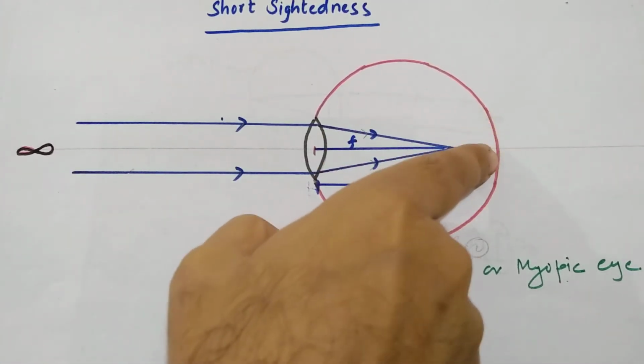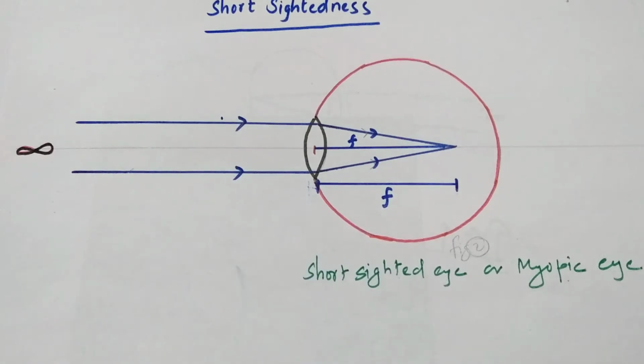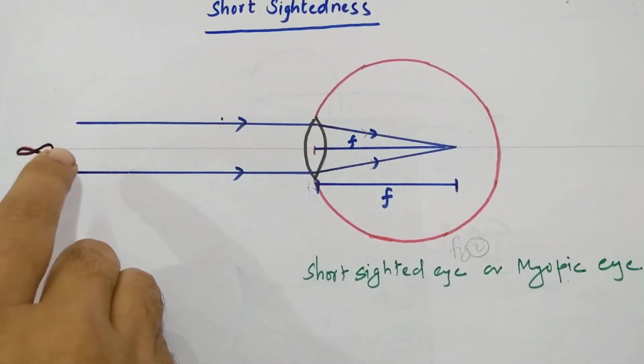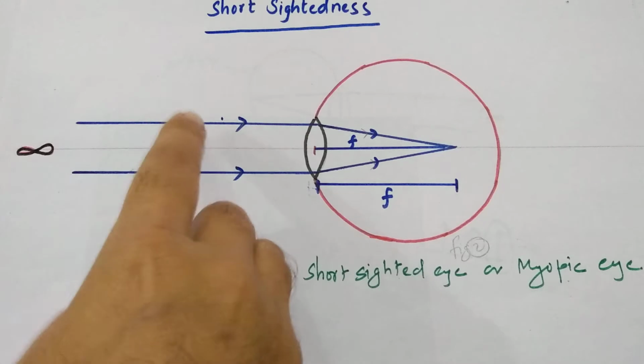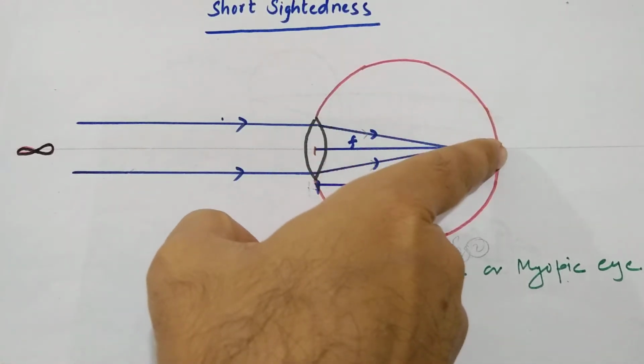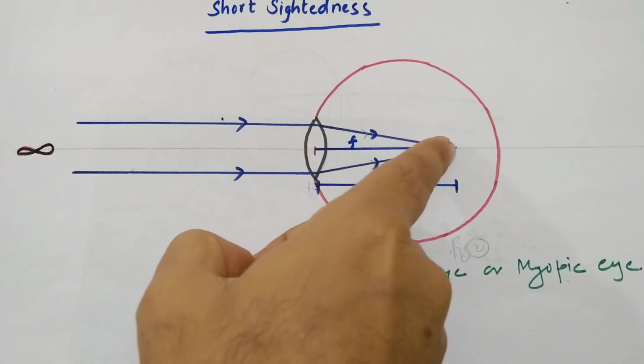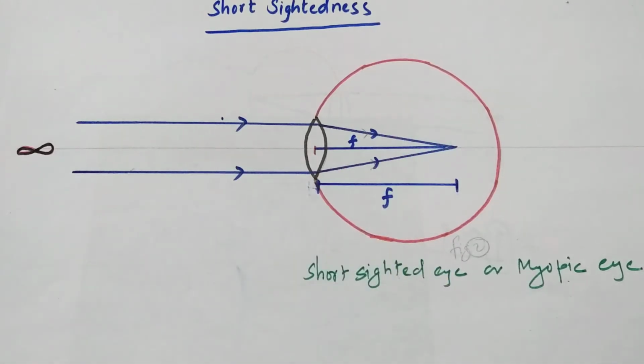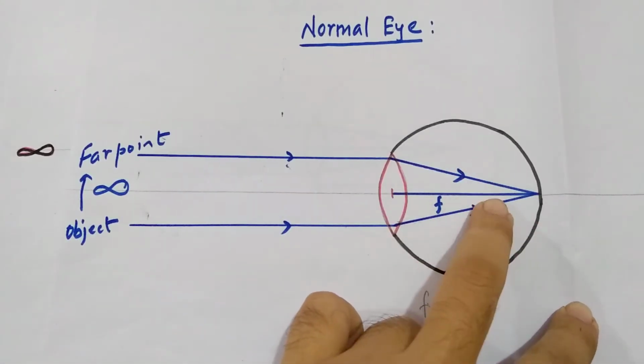This is the retina of the myopic eye. To form a clear image of the object at infinity, these two light rays after refraction should meet here, not here, not here, like this.